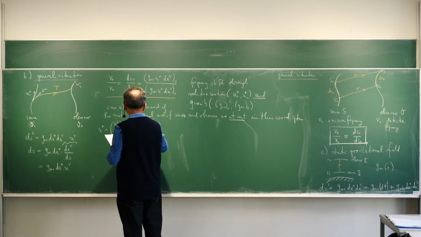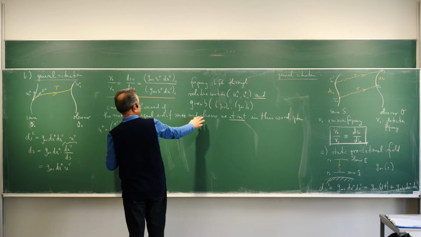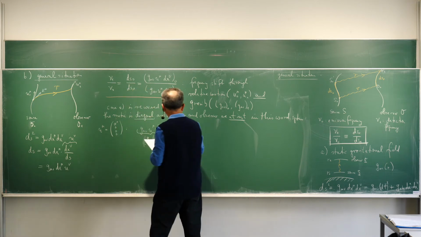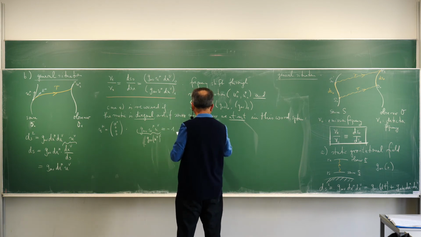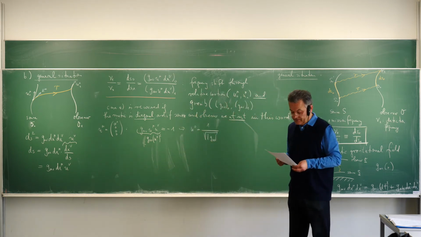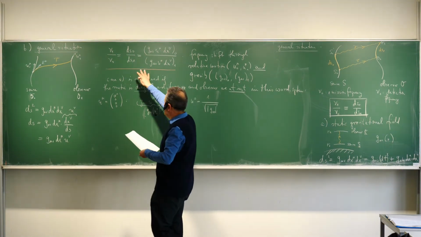So we have g mu nu u mu u nu is -1, and of course this is then in that situation, and if the metric is diagonal, g00 u0 squared, and so from this you get that u0 is 1 over the square root of the absolute value of g00.